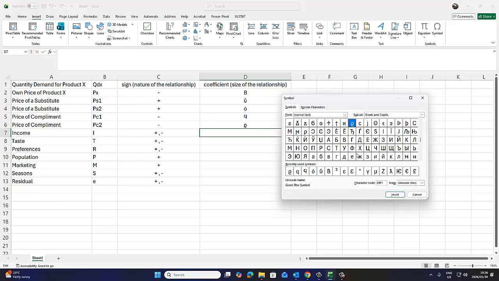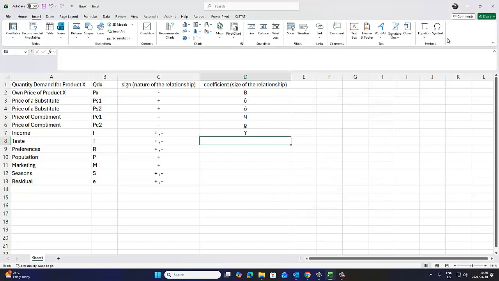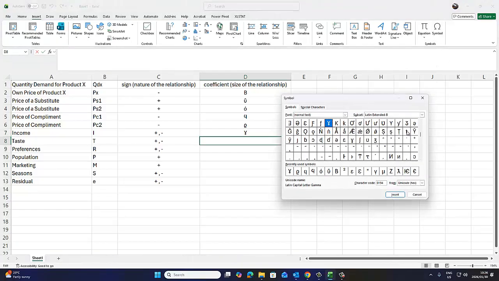What shall we use for income? Let's do this one for income. Tastes. Which one shall we use for tastes?